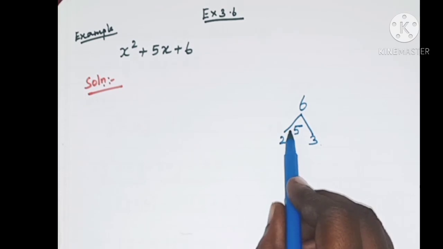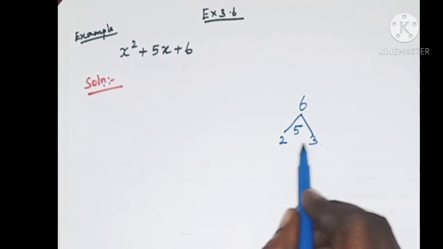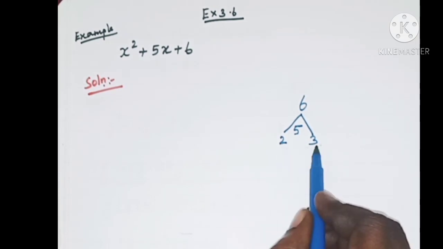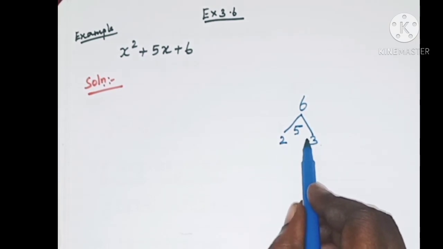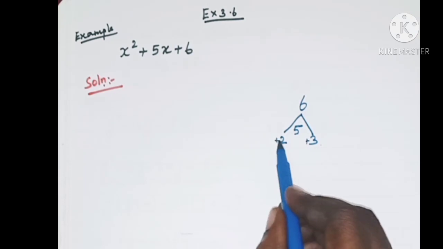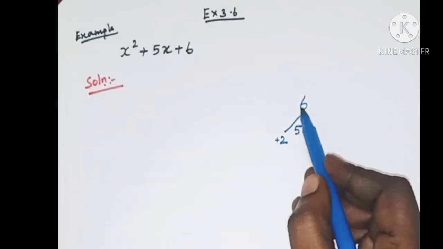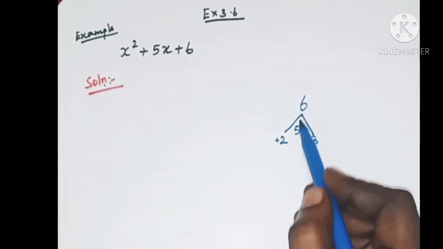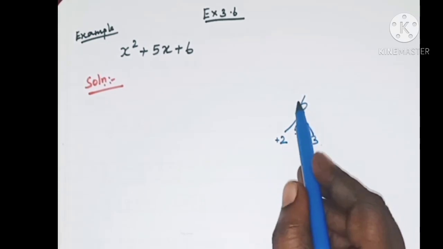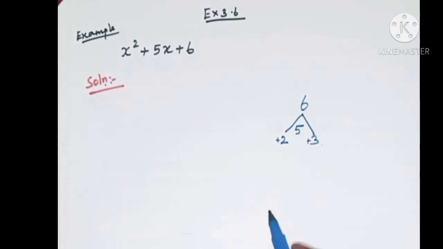So in the place of this number we have the plus symbol. In these two numbers the greater number is 3, so put the plus symbol, and here also put the plus symbol because both the numbers are positive. So 2 threes are 6, 2 plus 3 is 5.